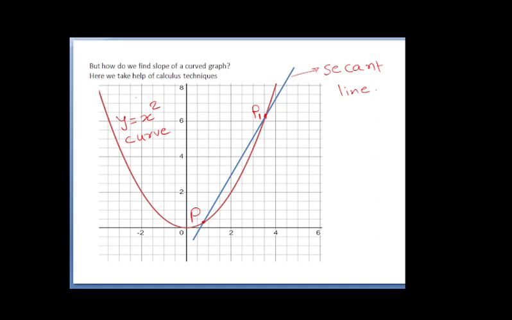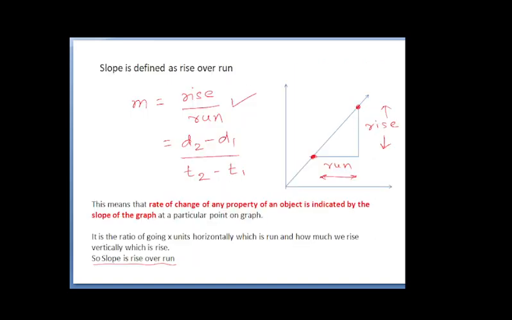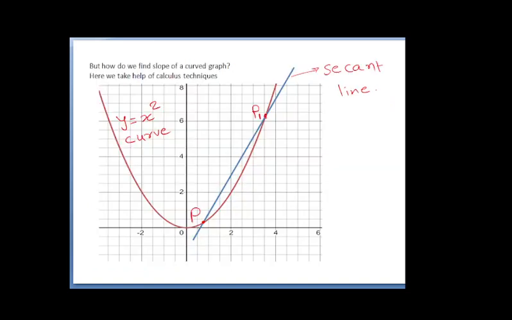Now let us take a parabola. In the previous graph we had a straight line, so it was easy to find the slope of the graph. But how do we find the slope of a graph when we have a curve? So let us take the example of a parabola, whose equation is y equals x squared.